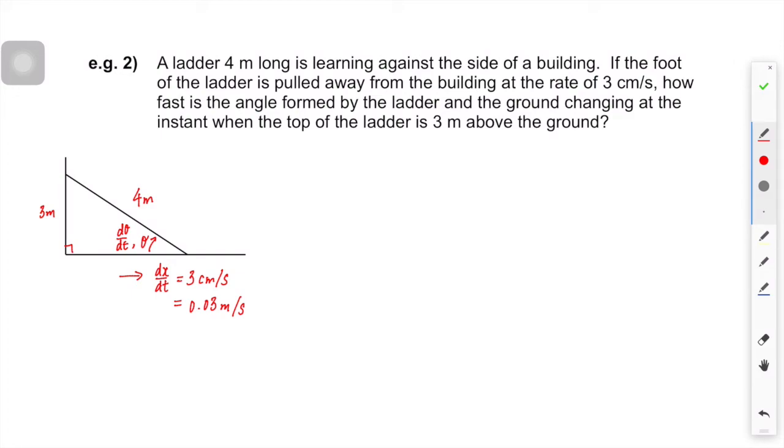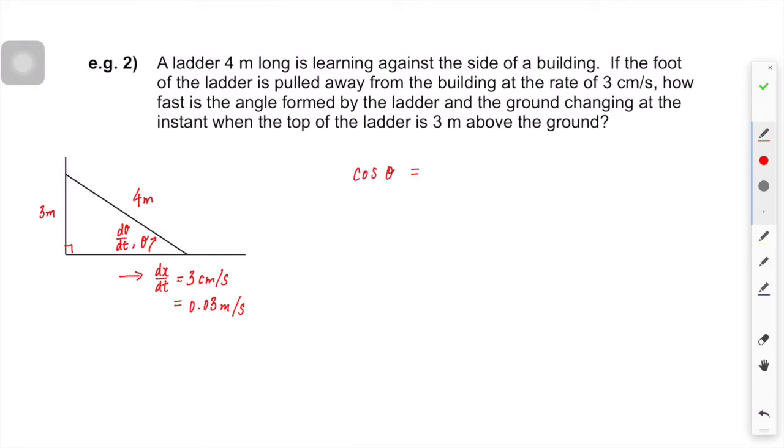I know that this is going to involve theta, the opposite side, and also the hypotenuse. But I also know that my given rate of change is related to the adjacent side. So how am I going to pick my trig ratio to reflect all the unknowns and given variables? It actually looks like cosine theta is a better choice, because then I can relate d theta by dt to dx by dt.